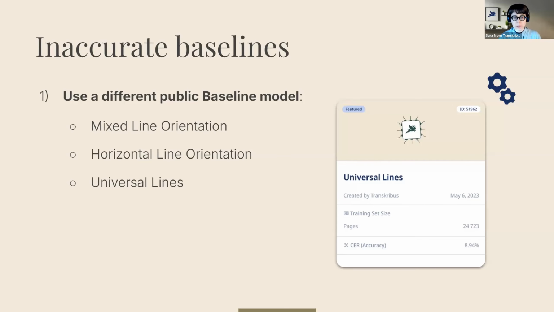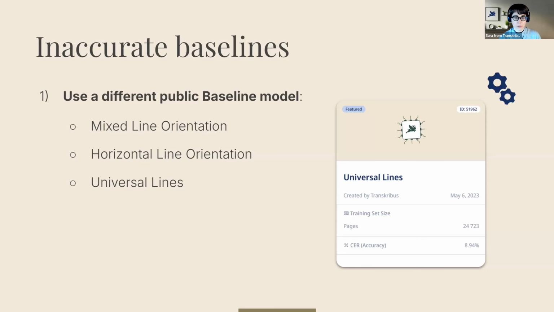So if you go to the description of these models, you will see that the main difference between the mixed line orientation and the horizontal line orientation is the ground truth on which those models have been trained. The mixed line orientation has been trained on lines in all directions, so with different angles, while the horizontal line orientation has been trained only on lines that are horizontal or vertical. I know that the name could be a bit misleading, but in reality, this model, horizontal line orientation, is good if you have horizontal and vertical lines, just lines in these two directions.